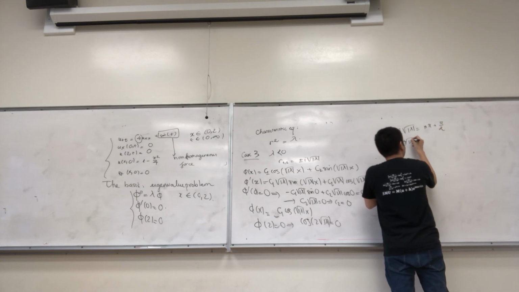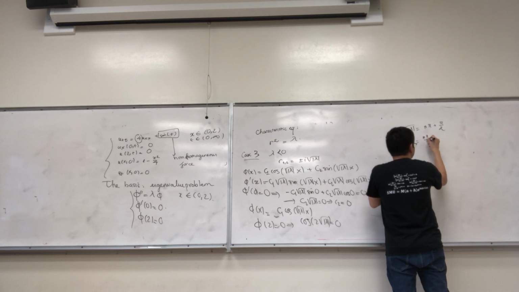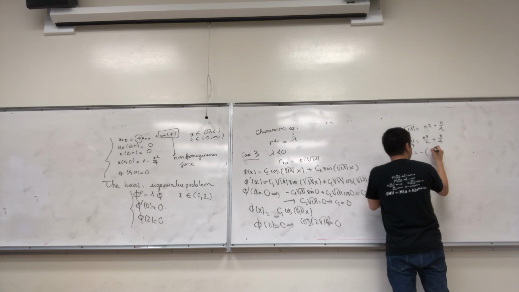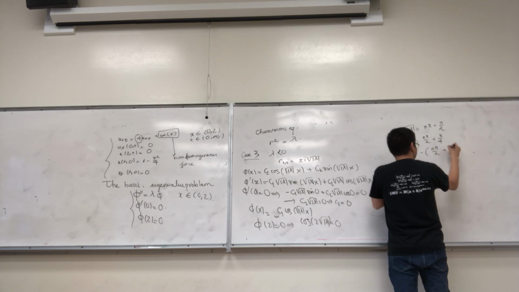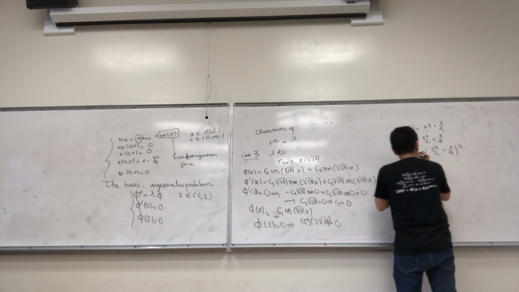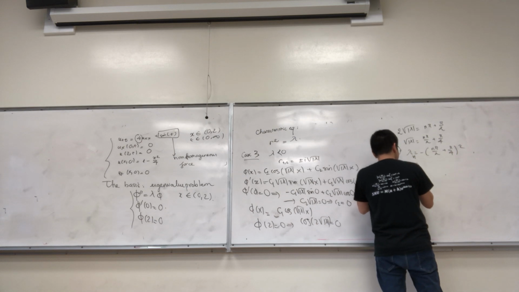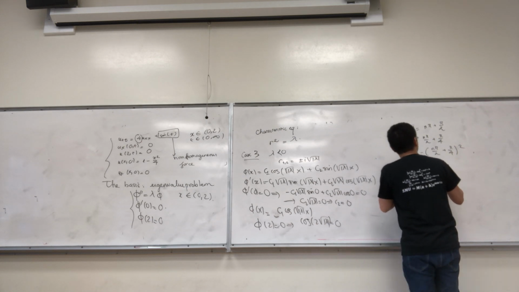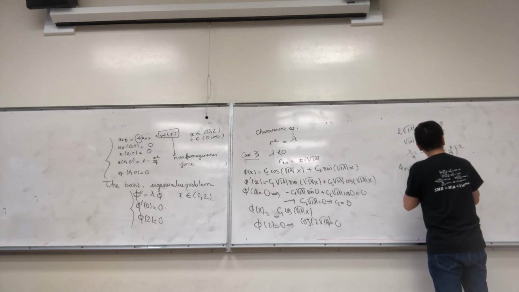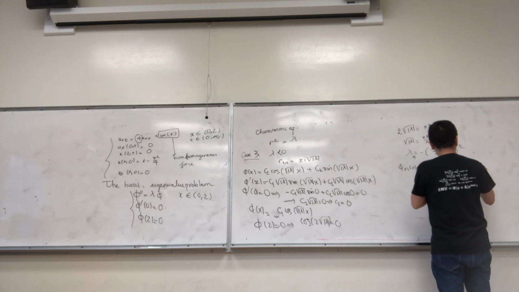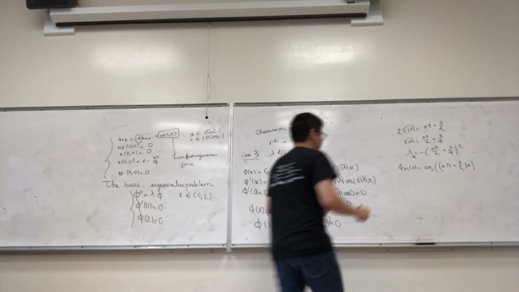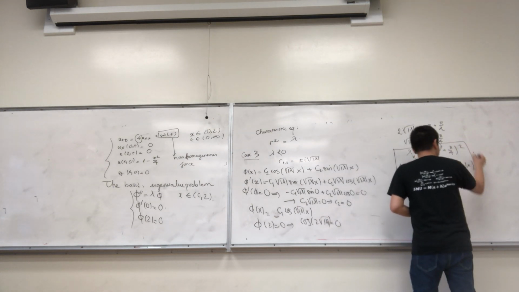So square root of lambda is n pi over 2 plus pi over 4, and lambda will be minus n pi over 2 plus pi over 4, squared. Then phi n x will be cosine of n pi over 2 plus pi over 4 times x. So we have this eigenvalue and this eigenfunction.